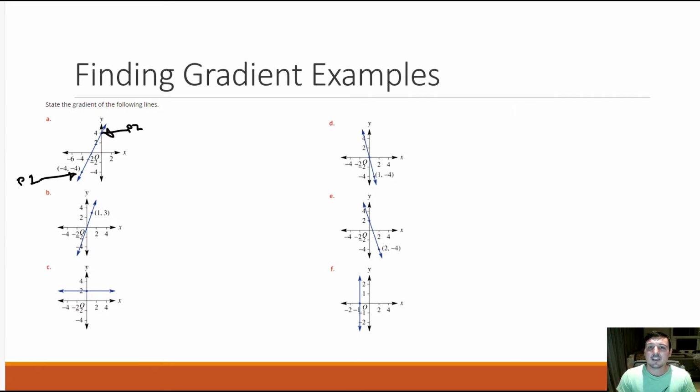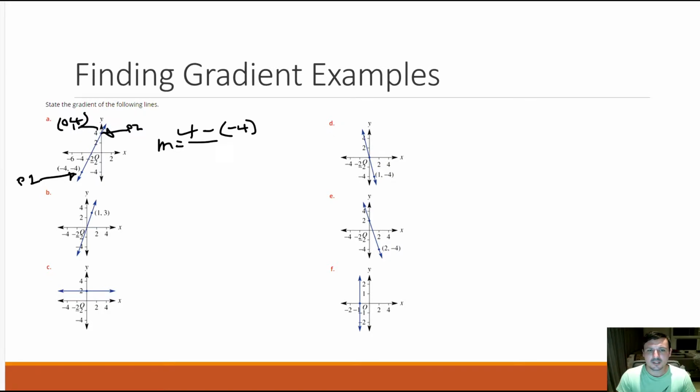So that means my x1 and y1 are going to be -4 and -4, and my x2 and y2 are going to be 0, 4. So remember, our y-intercept has an x value of 0 and a y value of 4. So we're going to put it into our formula. y2, which is 4, minus y1, which is -4.